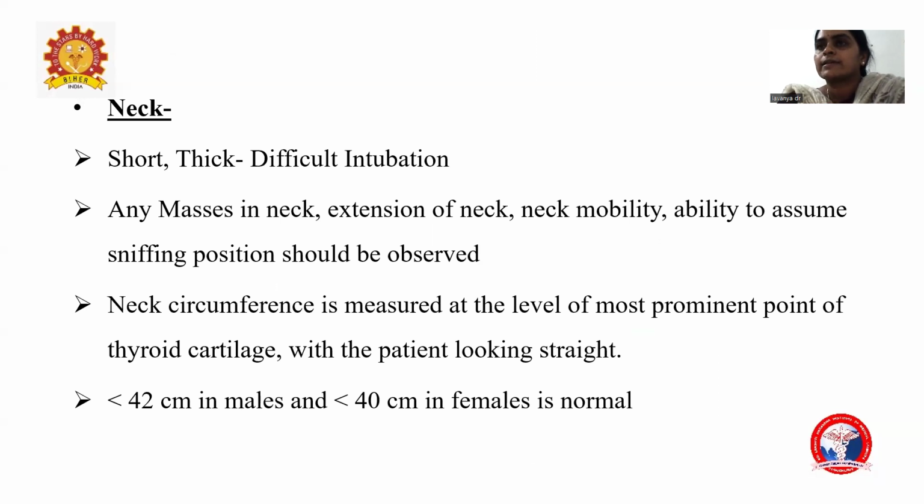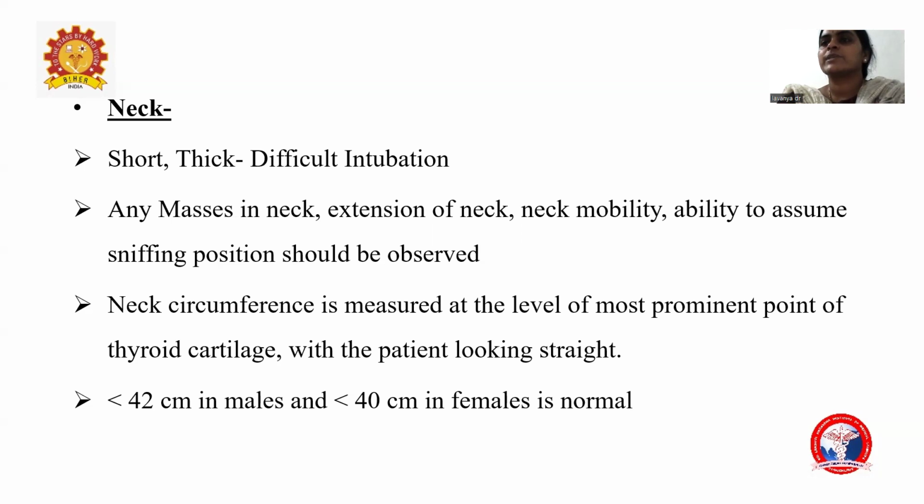Then assess the neck. How is the neck, whether it is short and thick, or long and slender? Both are wrong. Both ways it is difficult intubation. It should be optimal to the patient's structure. Many markers in the neck: the extension of the neck, the neck mobility, the ability to assume the sniffing position should be observed.